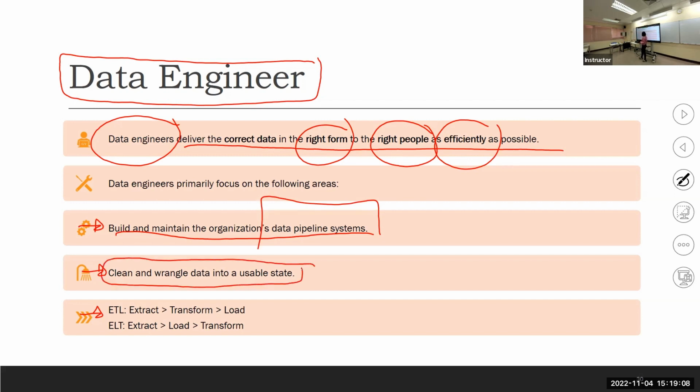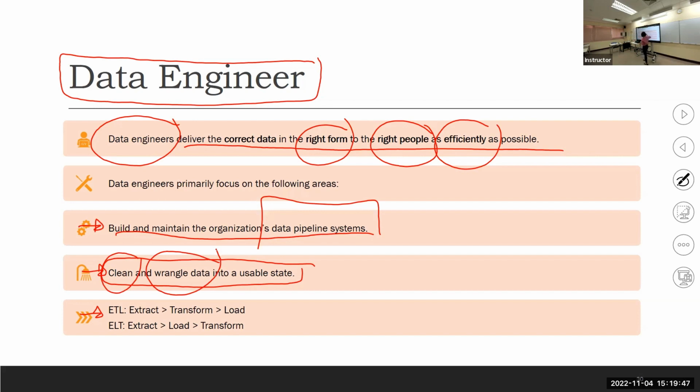Also, the quality of the data that the organization has is to be maintained by the data engineer. But of course, not by doing this manually, right? The data engineer may need to build some system infrastructure to make sure we have usable data, meaning that they may need to clean, transform, or wrangle the data into the proper format and result.